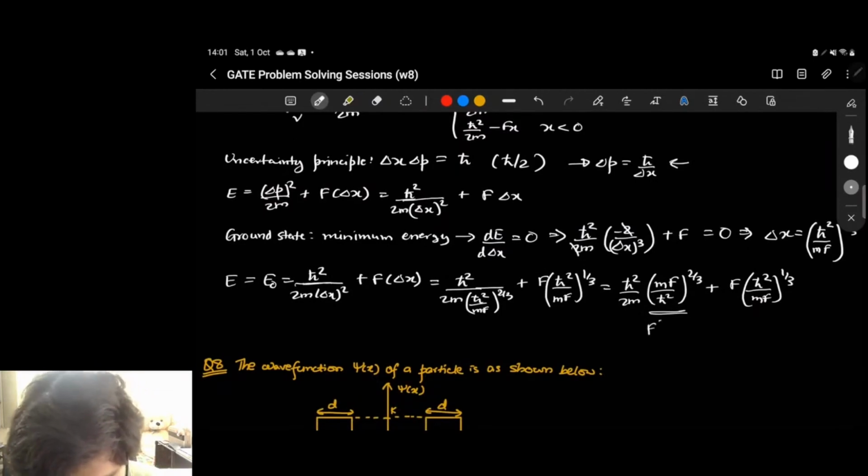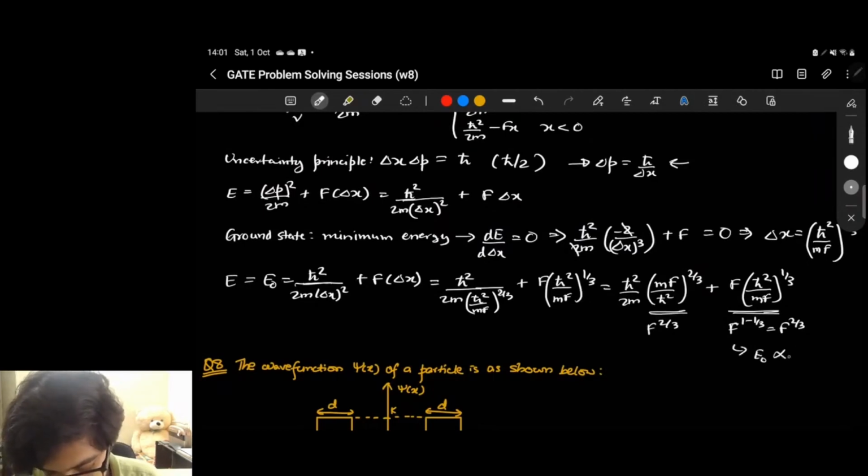So this is f to the power 2 by 3. And then you have another factor of f, so this is f to the power 1, and then you have 1 by 3 in the denominator. So 1 minus 1 by 3, which is again f to the power 2 by 3. So from this, you get that E naught is proportional to f to the power 2 by 3.